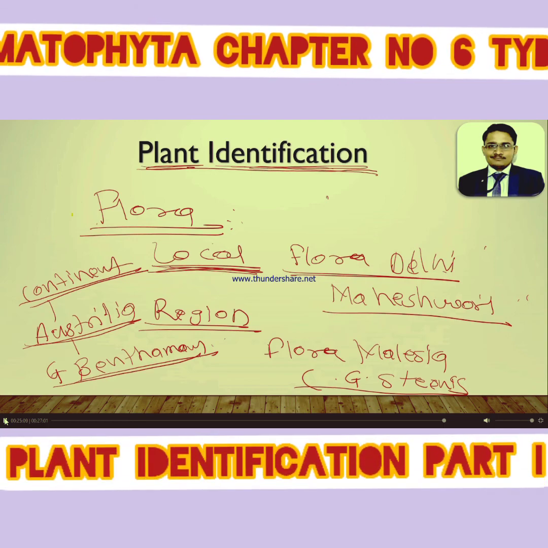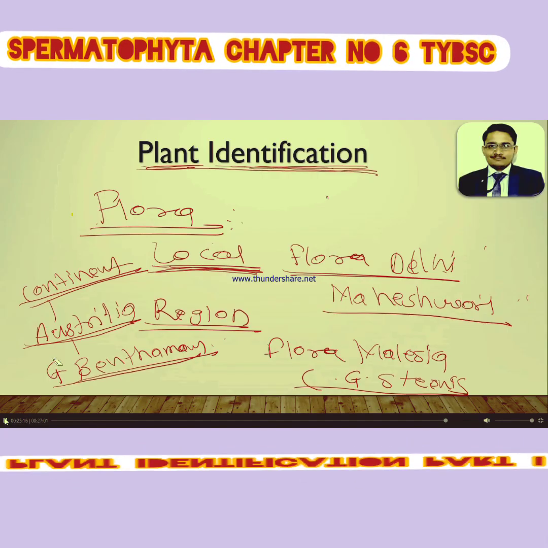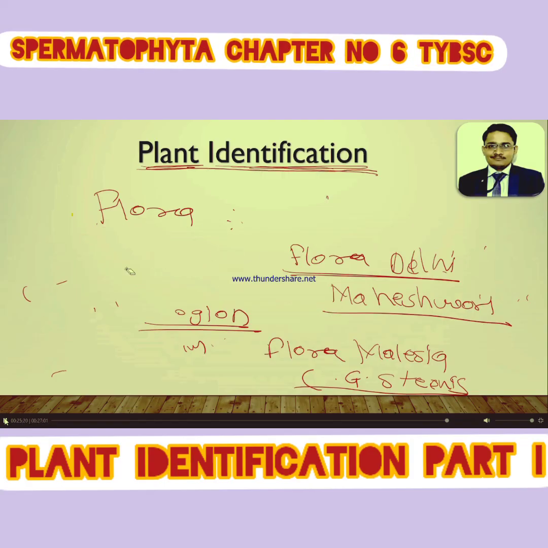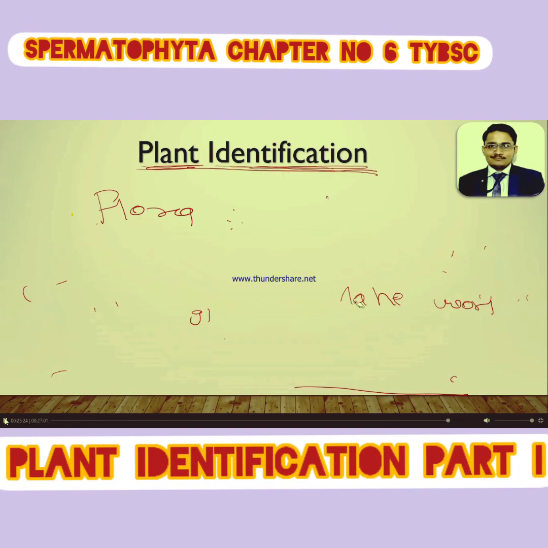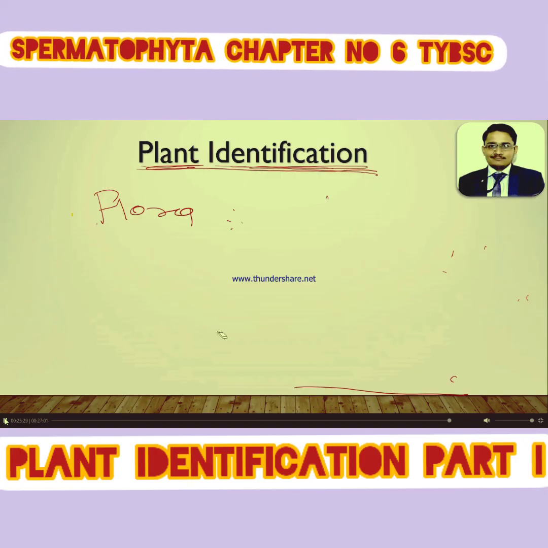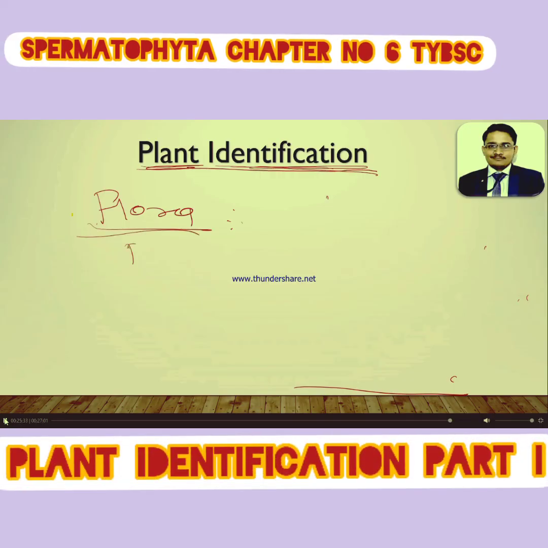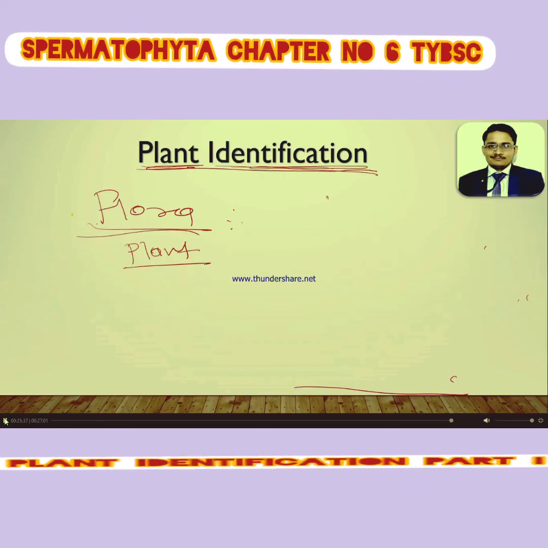First, I have explained the definition of flora, then local flora, then regional flora, then continental flora. Now I am explaining the uses of a flora. The first use: for plant identification, floras are used. But it cannot be used only for plant identification.